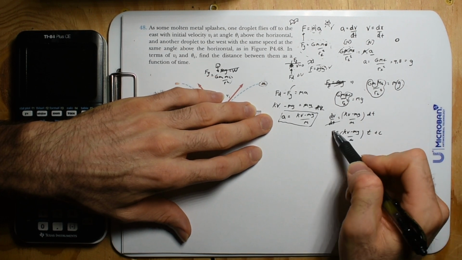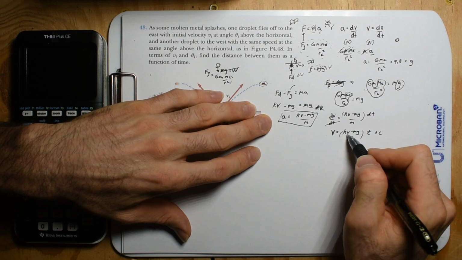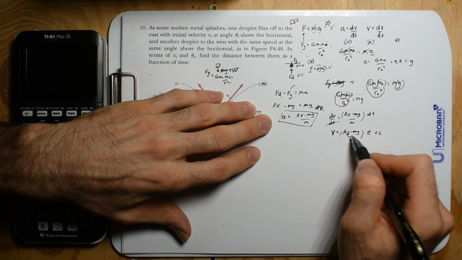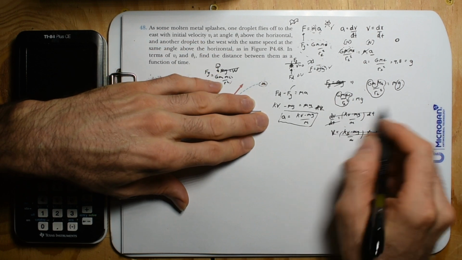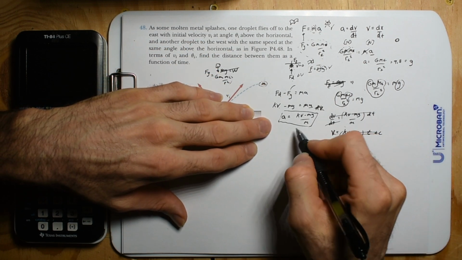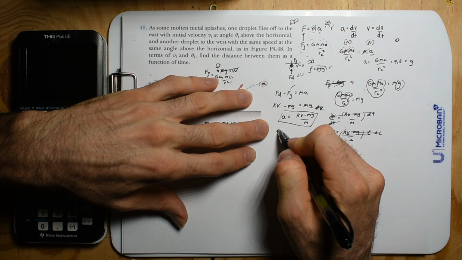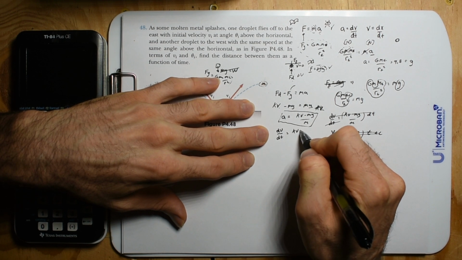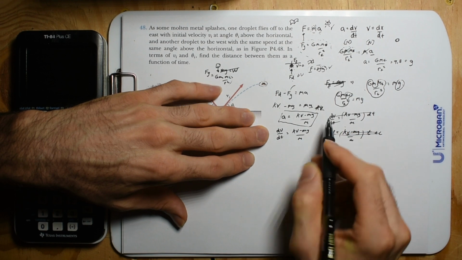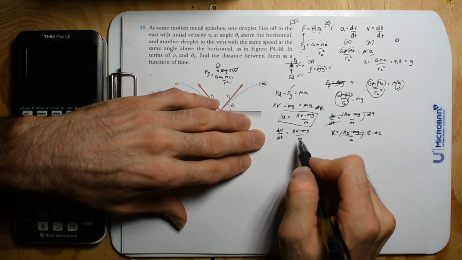But this problem sucks because you already have velocity in here and you have velocity in there. So you have to not do that and say you have dv/dt is equal to (kv minus mg) over m, and we didn't separate variables very well.